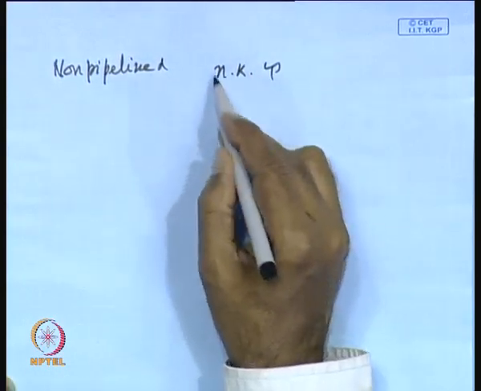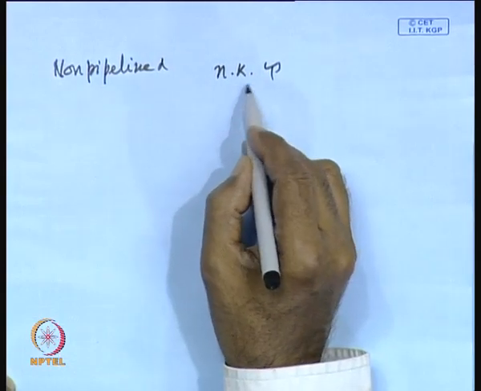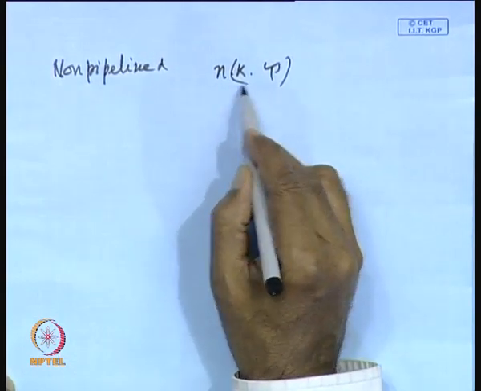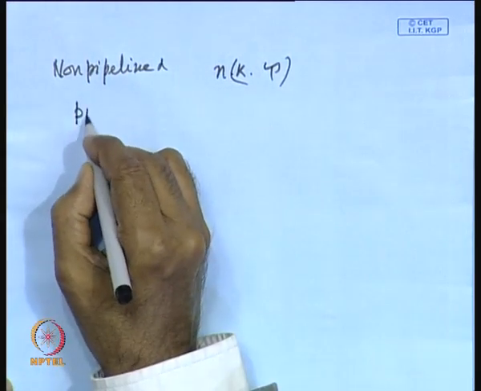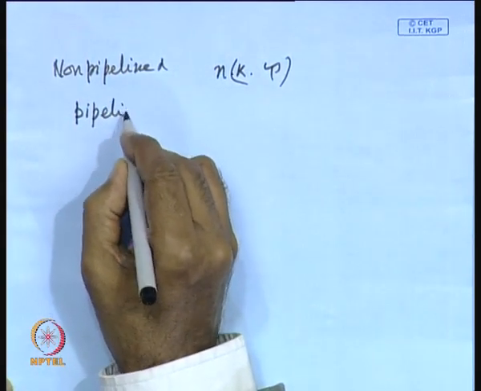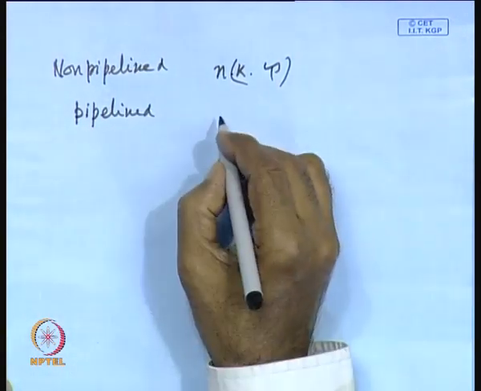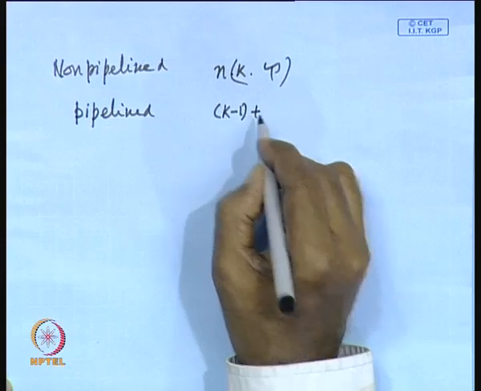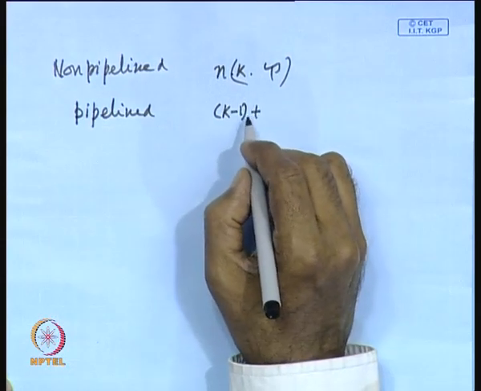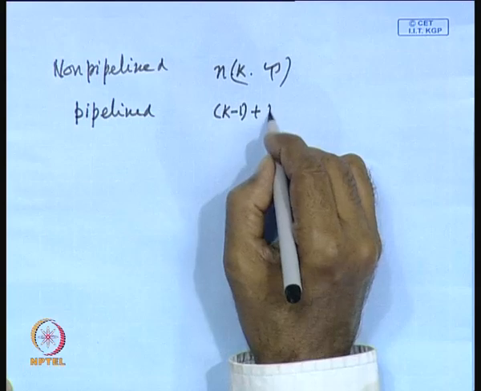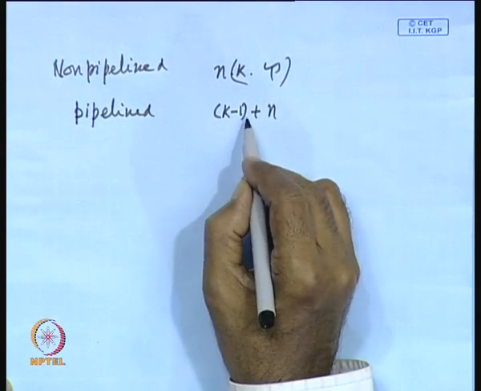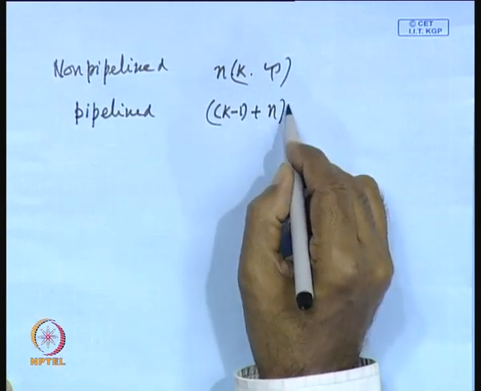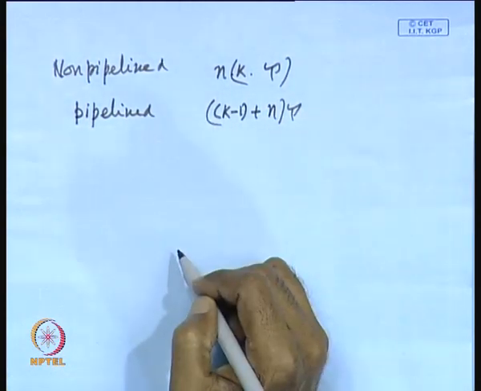This is k into tau for each task, and for n tasks it will require n k tau. On the other hand, for pipeline implementation, after the k minus 1 stages you will require only k minus 1 plus n. So, the first task will come out here and the nth one will come out here, so k minus 1 plus n into tau will be the time required for the pipelined one.